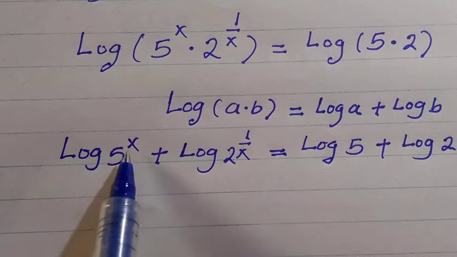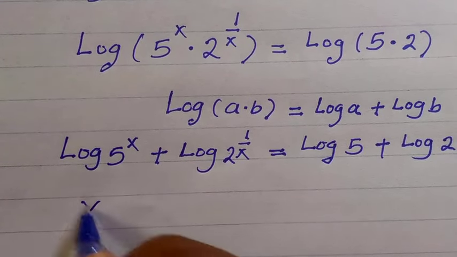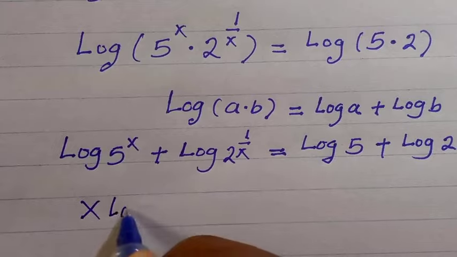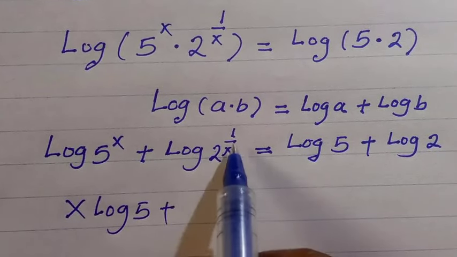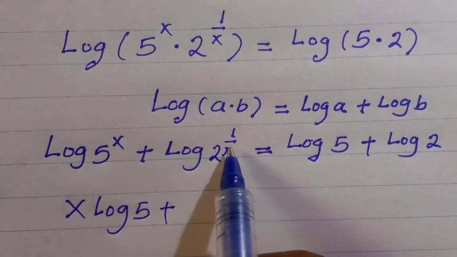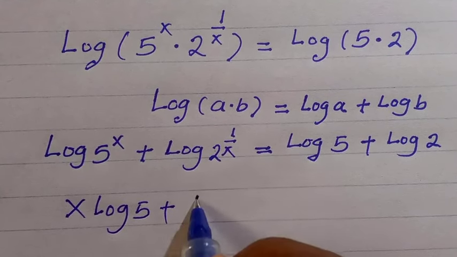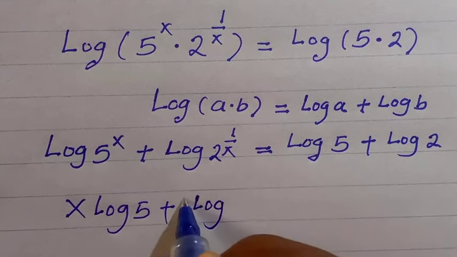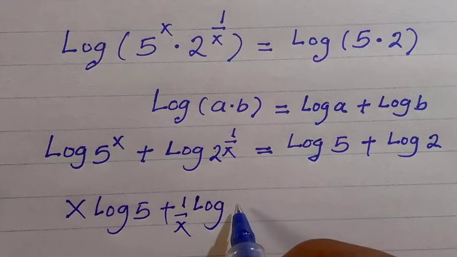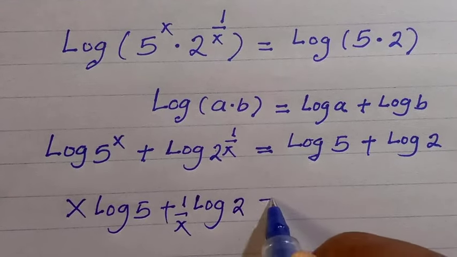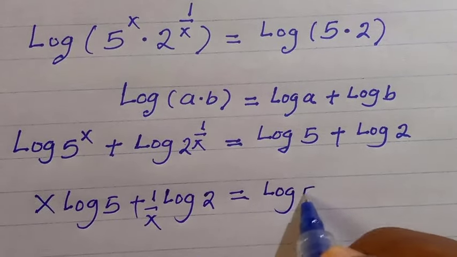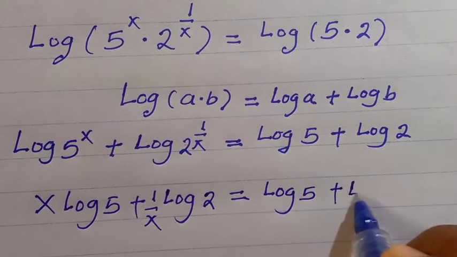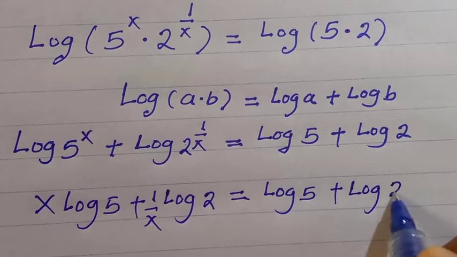Again, this x comes down, and here is log 5, plus this 1 over x will come down, which is 1 divided by x log 2, equals log 5 plus log 2.